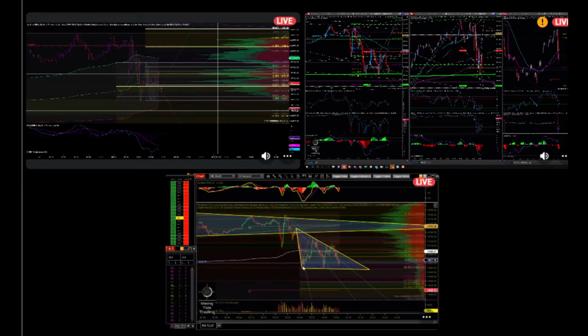I was looking here for the shoulder, with this being the right shoulder, if we don't count the wick on the left. If this had broken down, would this have been a D leg? Yeah, it would have been. I mean, it's pretty close to being a cipher now.